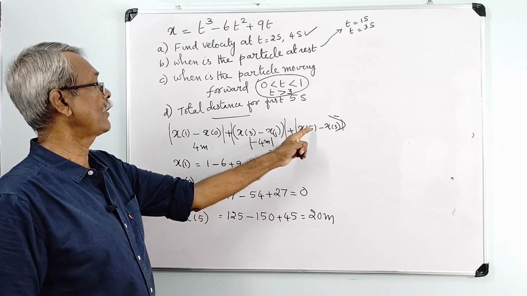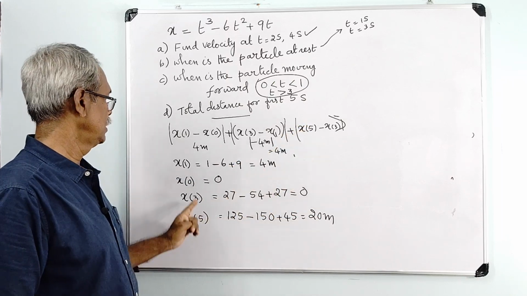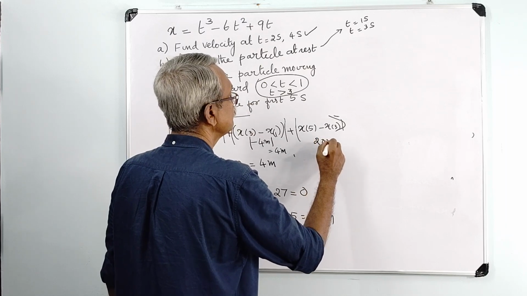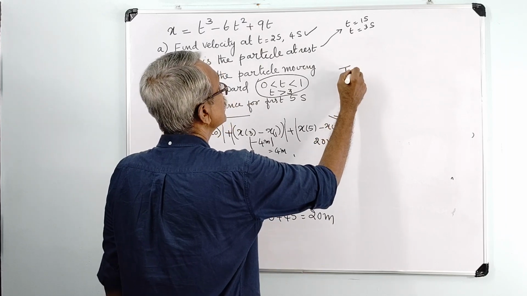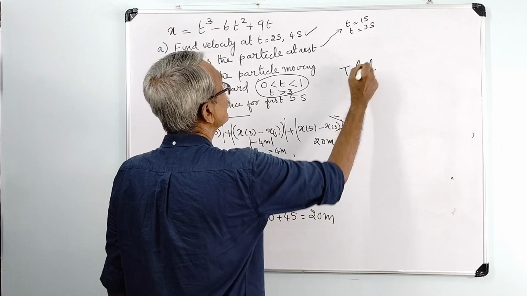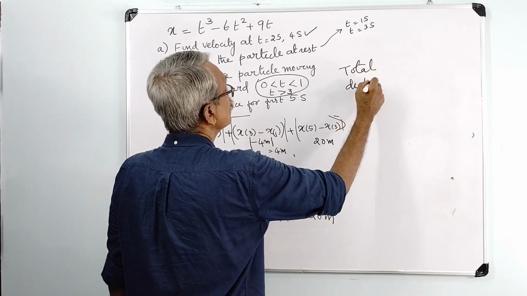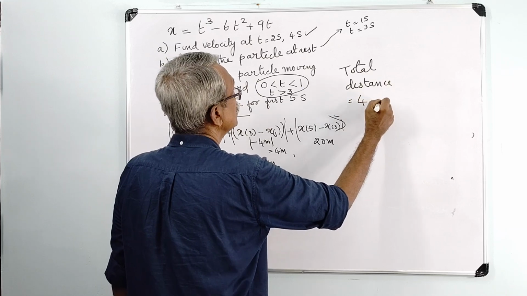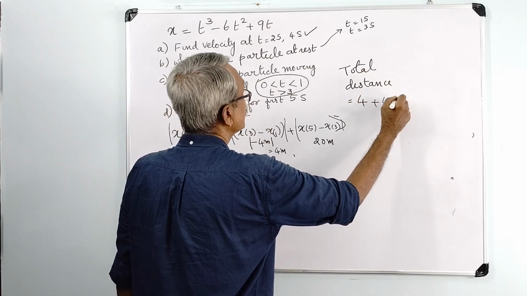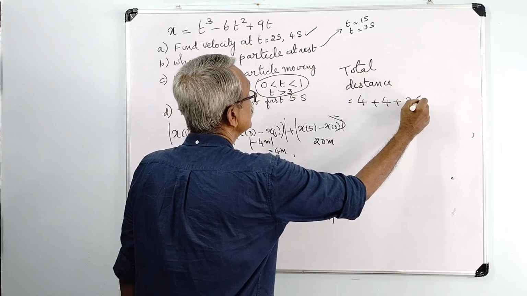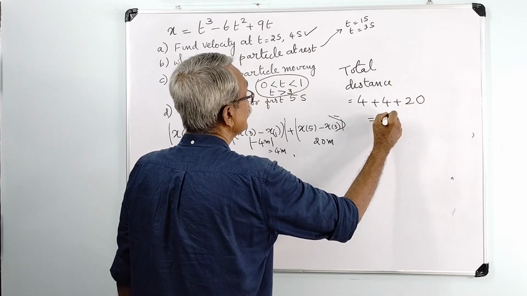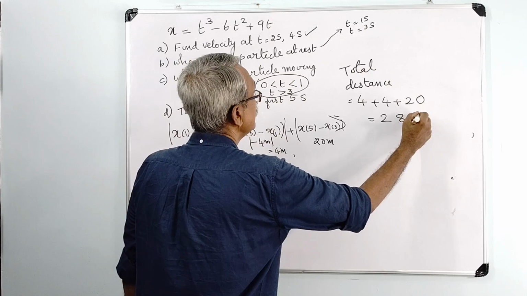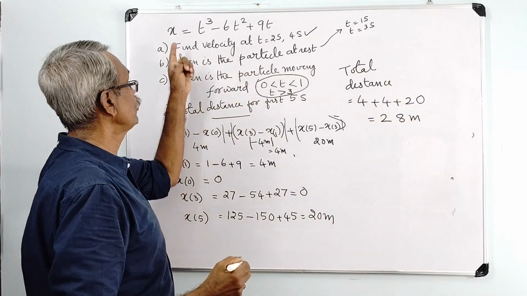And x5 is 20 meter, x3 is 0, therefore this is 20 meter. So the total distance is equal to 4 plus 4, you should not put minus 4, plus 20. That is equal to 28 meter.